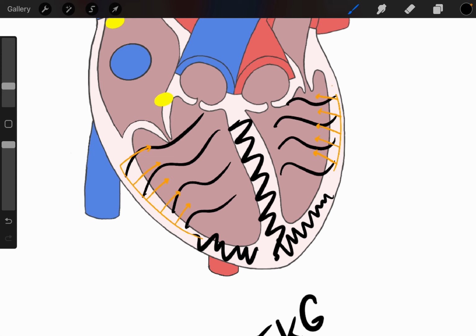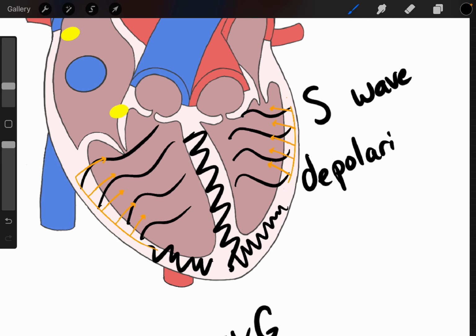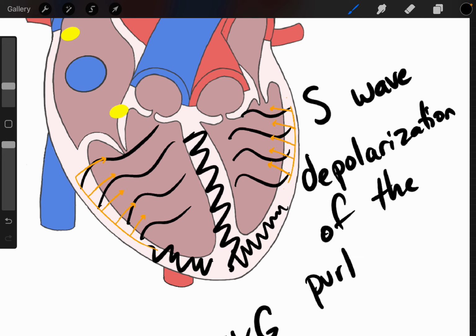Now, what exactly is depolarizing here? Okay, so like I said, this is the S wave. We're going to call this depolarization of the Purkinje fibers.